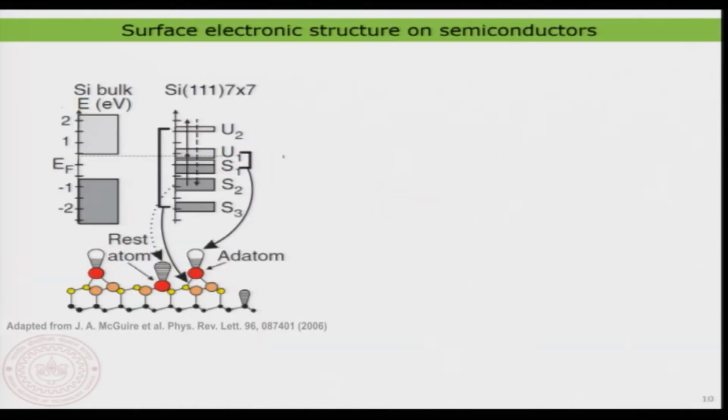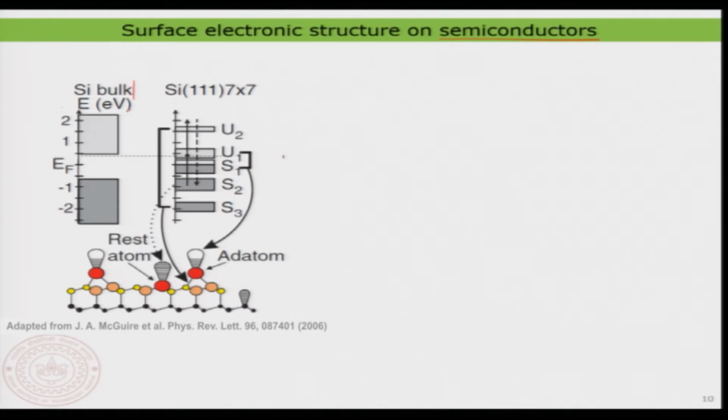I want to show you also a comparison here, using UPS and STS to understand the electronic structure of a semiconducting surface. This is something that we have already talked about.